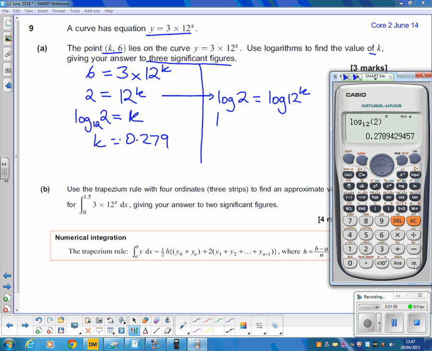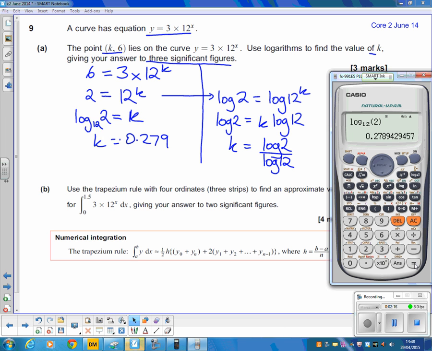We then use the log laws to drop the k in front, and so k is log 2 divided by log 12, which gives you the same answer. You could use ln if you want. And then put it into decimal.